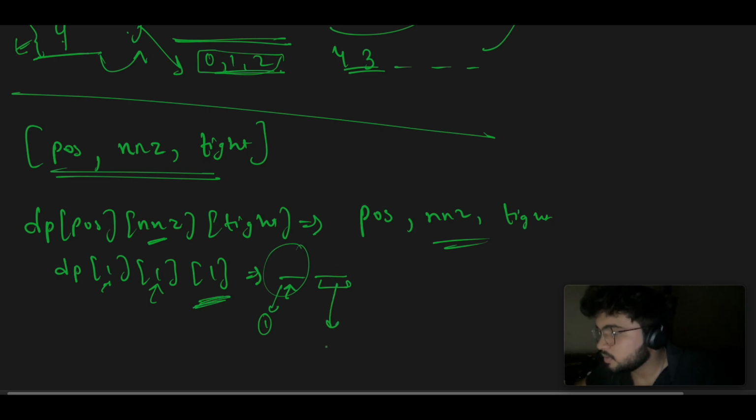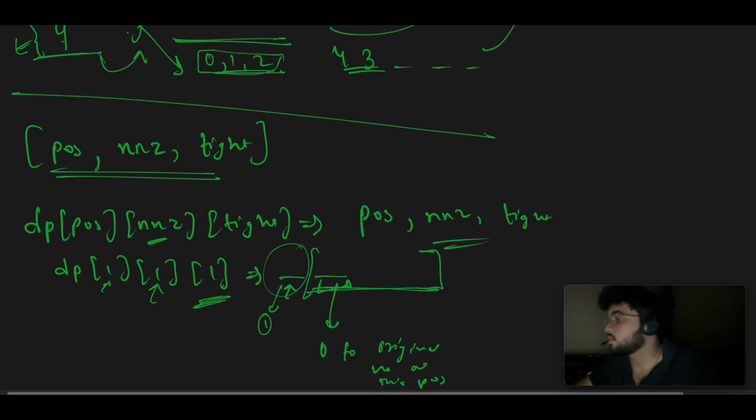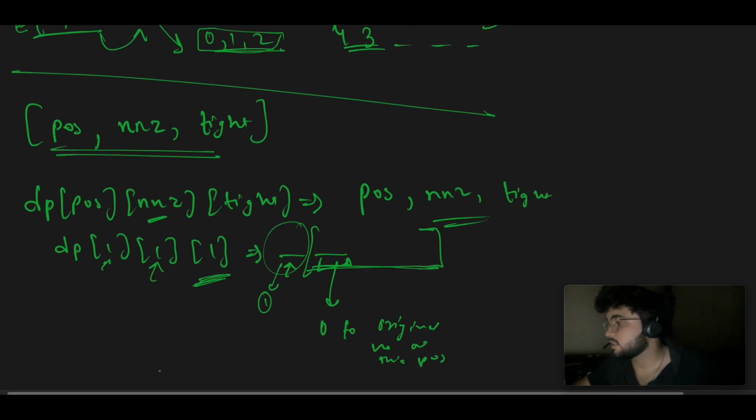We will use a number from 0 to the original number at this position. Okay, and yeah, this will be the situation. So from here to the rest, how many numbers are there that will satisfy the condition, right? And if somehow we are able to calculate this, then we'll be able to calculate this.